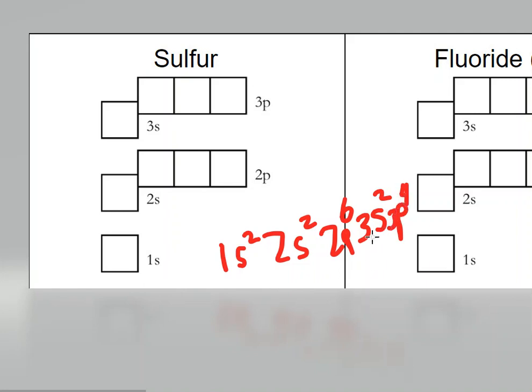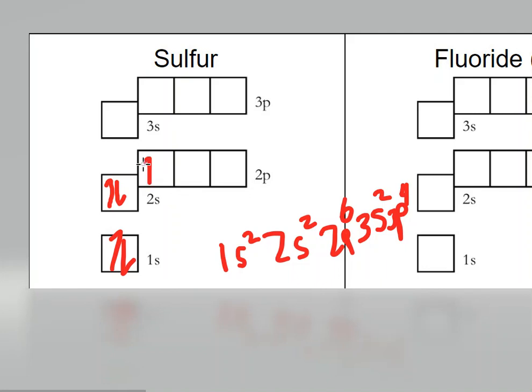Okay, so I'm going to place these according to our rules. So our first rule says that we need to fill up lower levels before we fill up upper levels. So I'm going to go ahead and put these 2 electrons here. Now I need to fill up my 2s before I can move on to 2p. So that's my 2s2 electrons. I've got 2p6 electrons next.